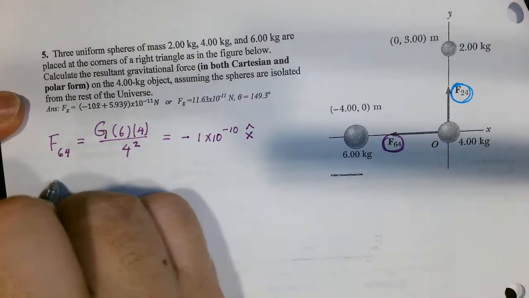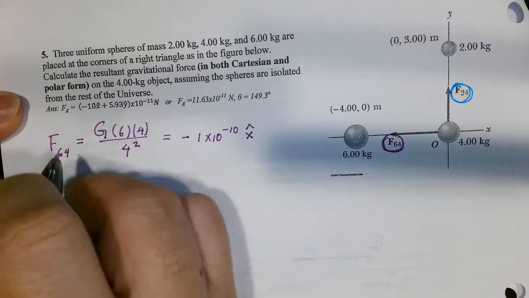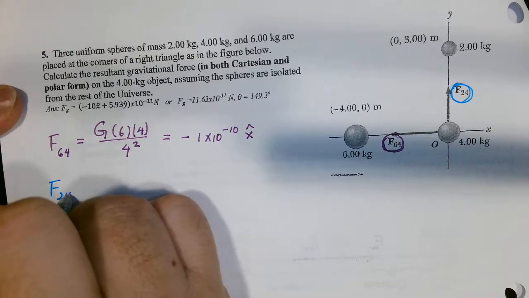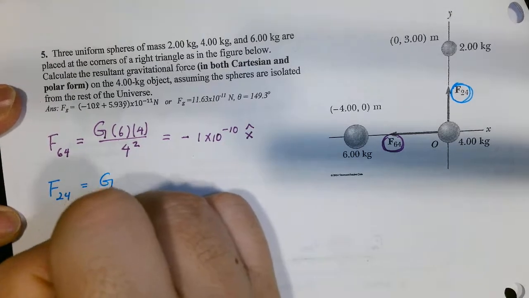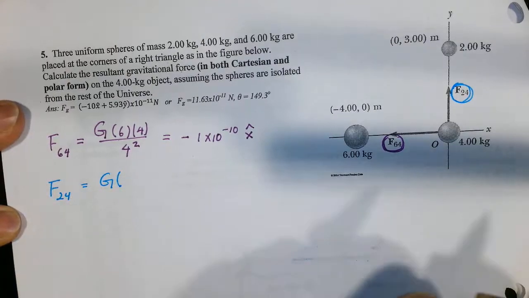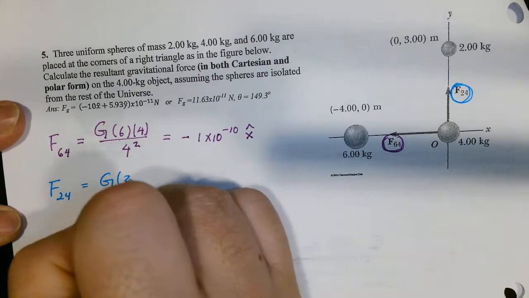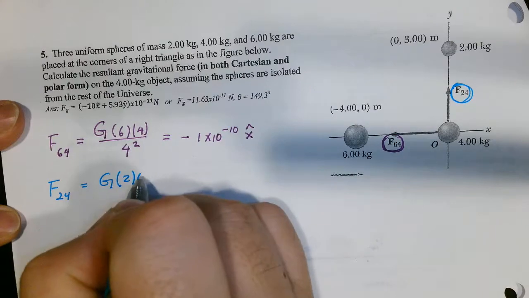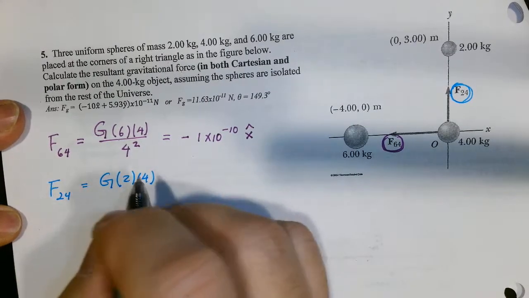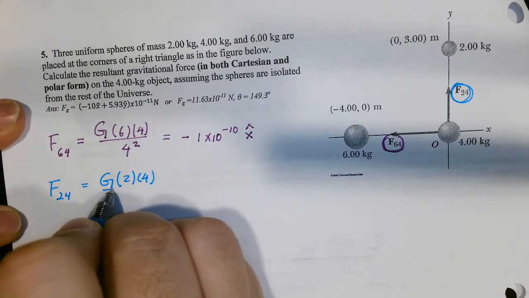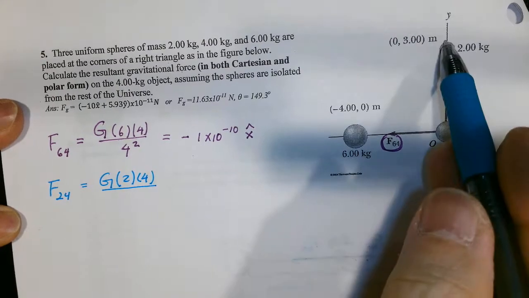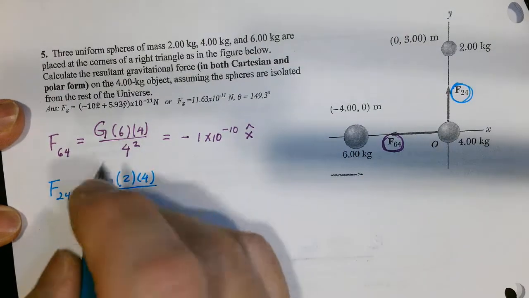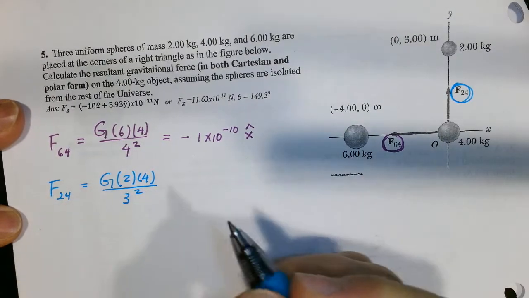And then F of 2 on 4 is equal to G times 2 times 4, divided by, it looks like the separation is only 3 meters here, 3 squared.